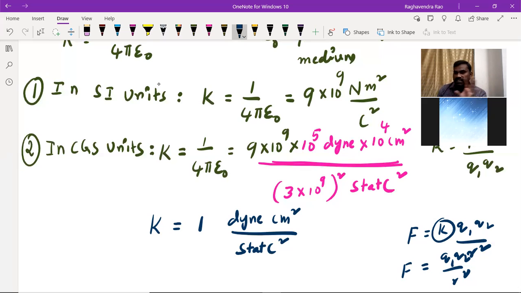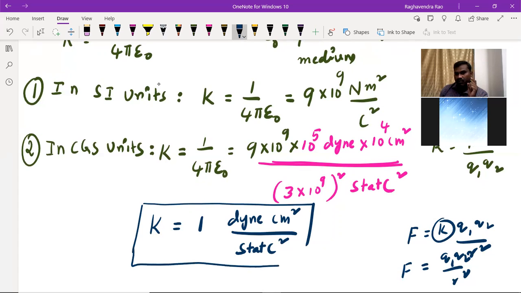Most of the time they ask the question in SI system. But if they want to ask somewhat critically, somewhat logically, they will simply give force, charges and distance measured in CGS units. Then we should take K is equal to 1. That is the exceptional case we should remember as a point.